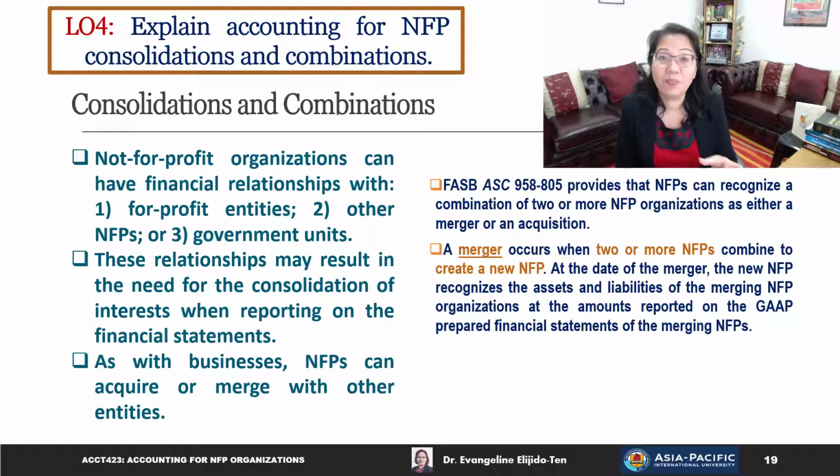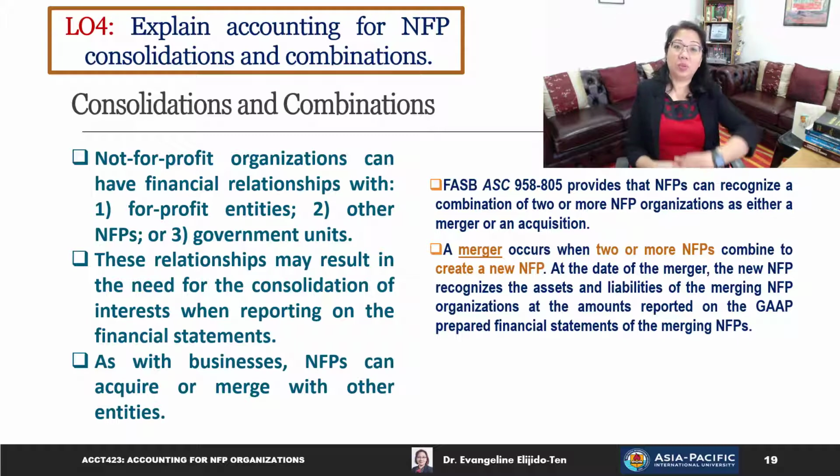At the date of the merger, the new NFP will recognize the assets and liabilities of the merging NFP organizations at the amounts reported on the GAAP prepared financial statements of the merging NFPs.